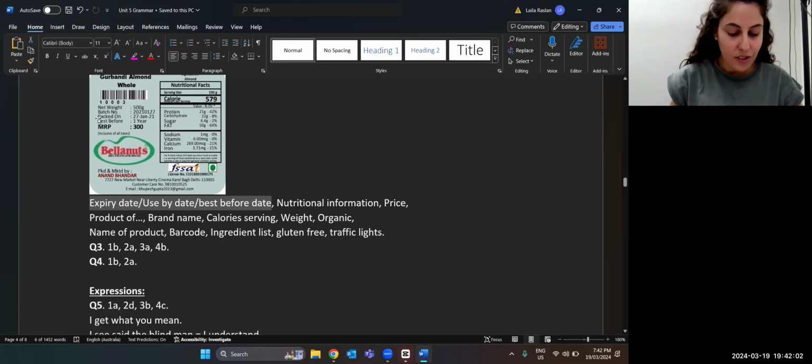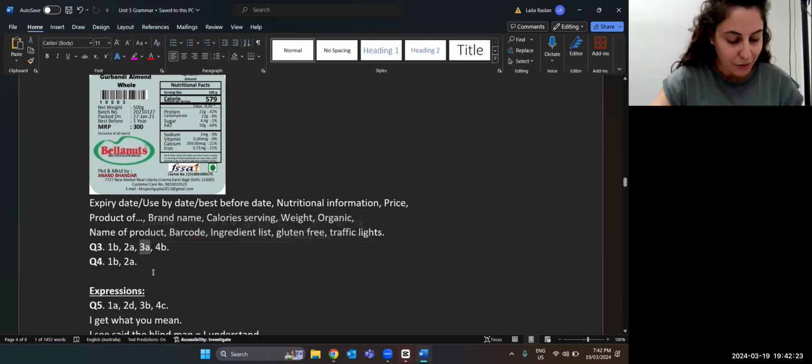In low-fat foods, there is often a lot of sugar. So it's interesting because it says low fat, but that means there is a lot of sugar. Okay, so just be careful. When you see low fat, it means more sugar. So 3A for question 3.